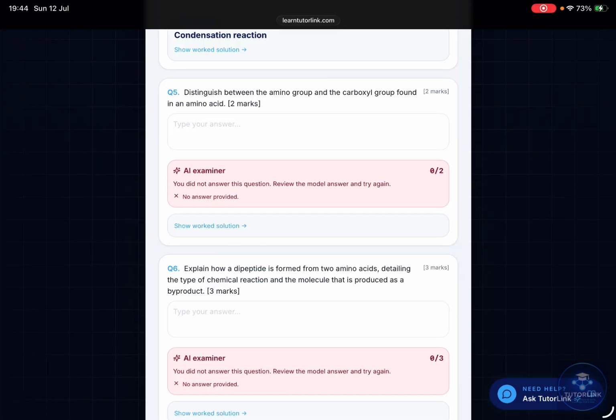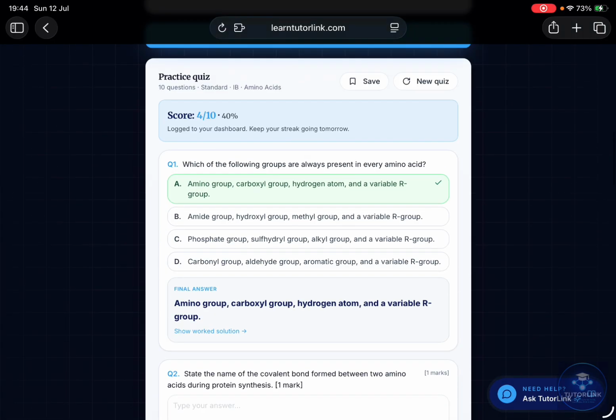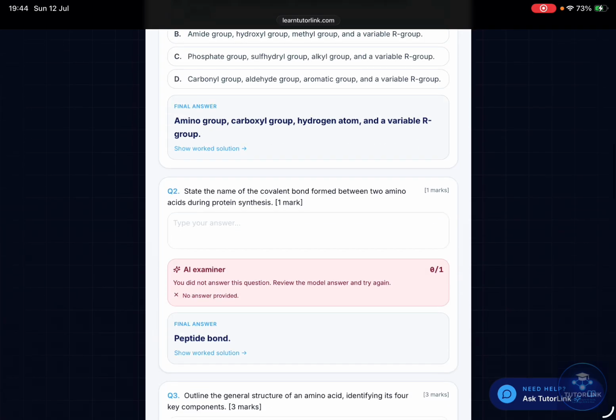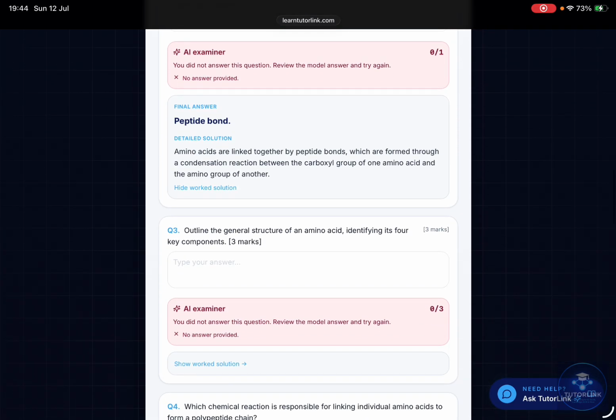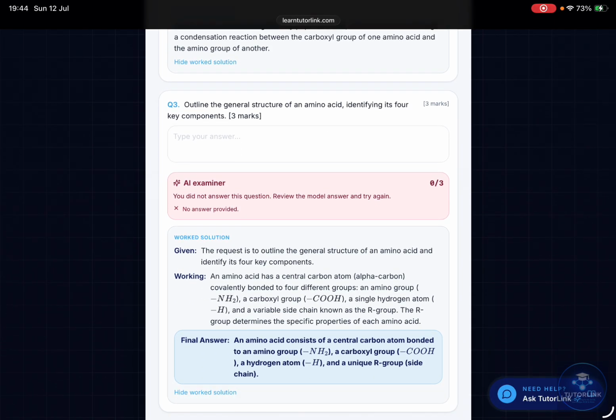Let's look at the results. I didn't put the answers there, but let's see, this is correct. Here, peptide bond, like we said. Here, the general structure: the central carbon atom bonded to the amino group, the carboxyl group, the hydrogen, and the R group.